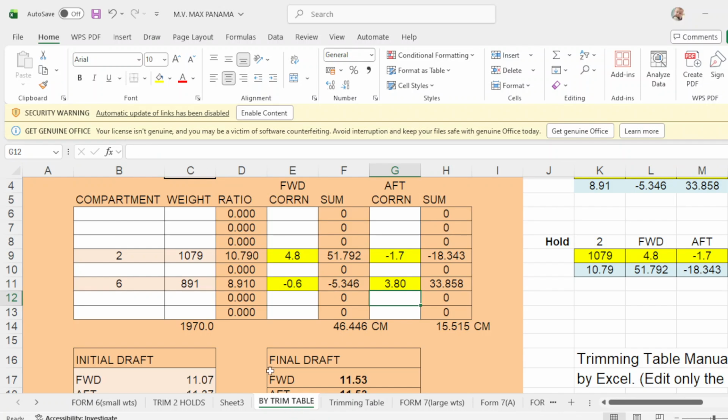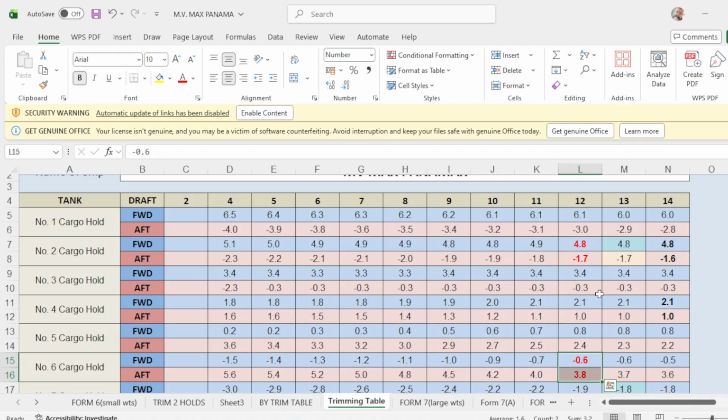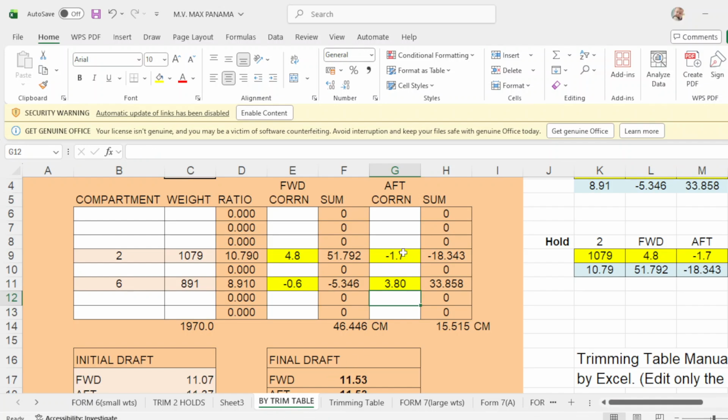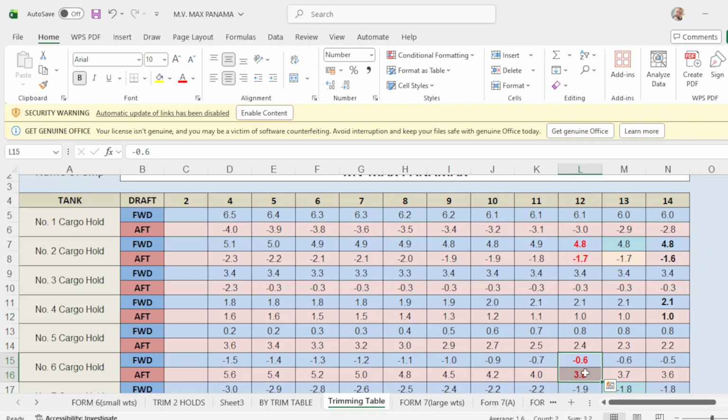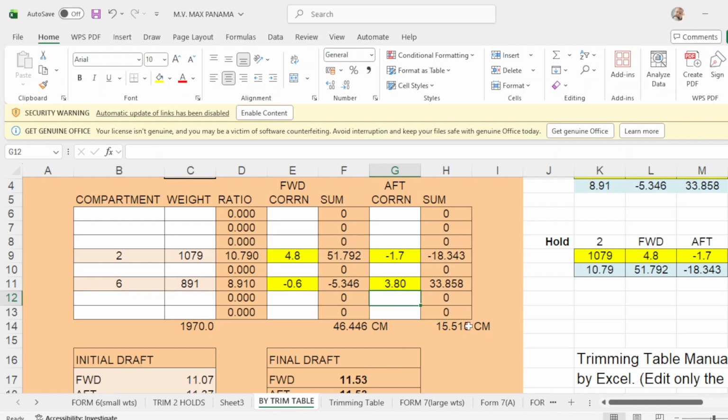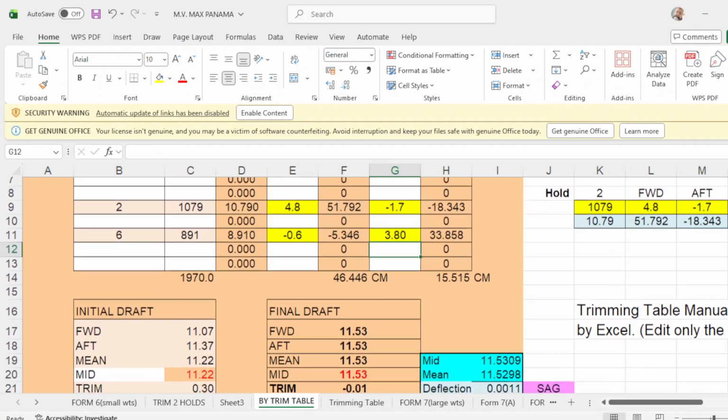You go to hold number 2. Forward is 4.8, aft is negative 1.7, and number 6 forward correction is negative 0.6, and aft correction at 12 meters is 3.8.